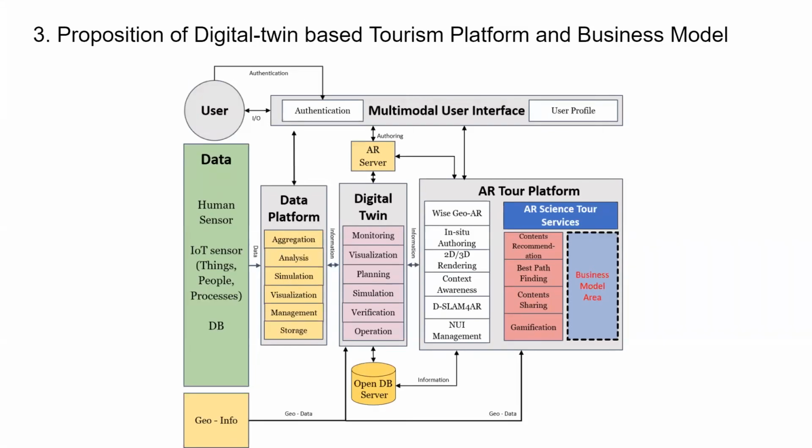Next, proposition of digital twin-based tourism platform and business model. So we propose a digital twin-based science tourism service to enable tourists to obtain seamless tourism services via integrated management of scattered science heritage content and authoring and sharing of tourists.